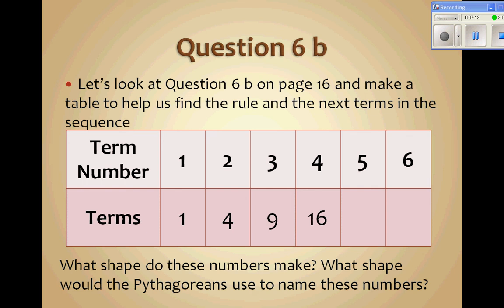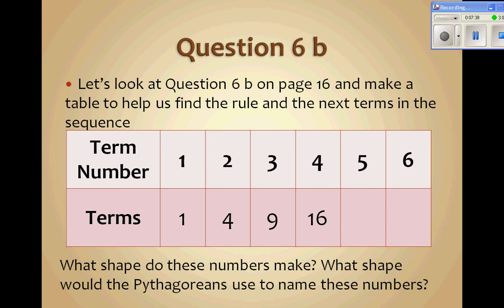Use your pattern blocks to see if you can find a pattern growing here. Think about what the Pythagoreans might have done. They liked to make shapes with numbers. Can you make a shape with each of these terms? For instance, the first one you would use 1 square. The second one you would use 4 squares.